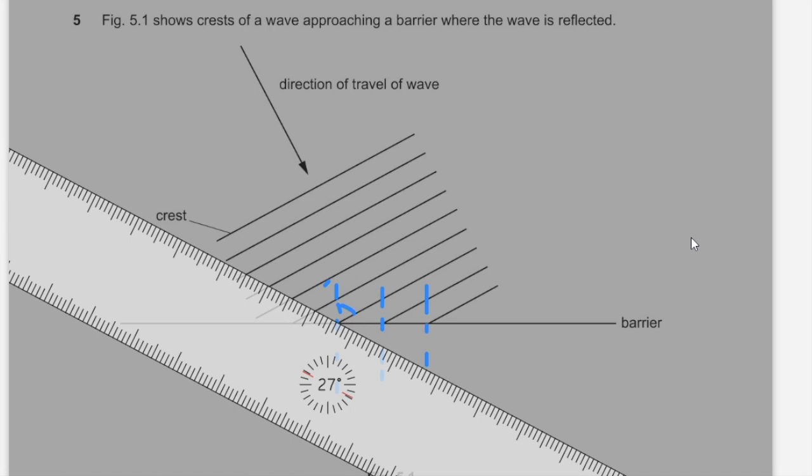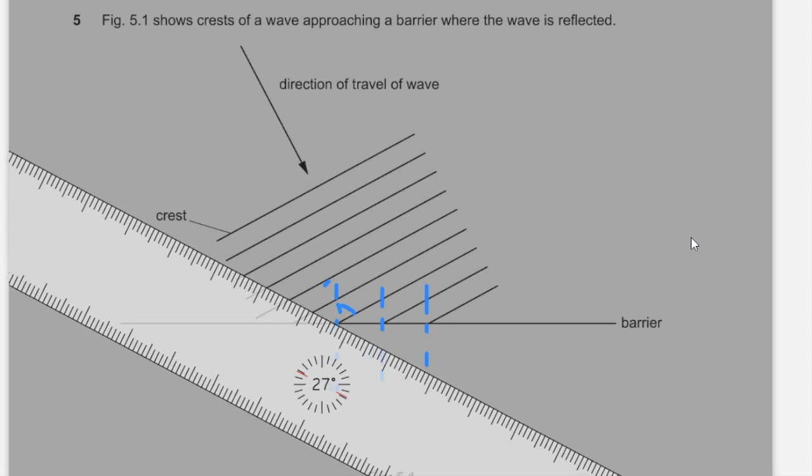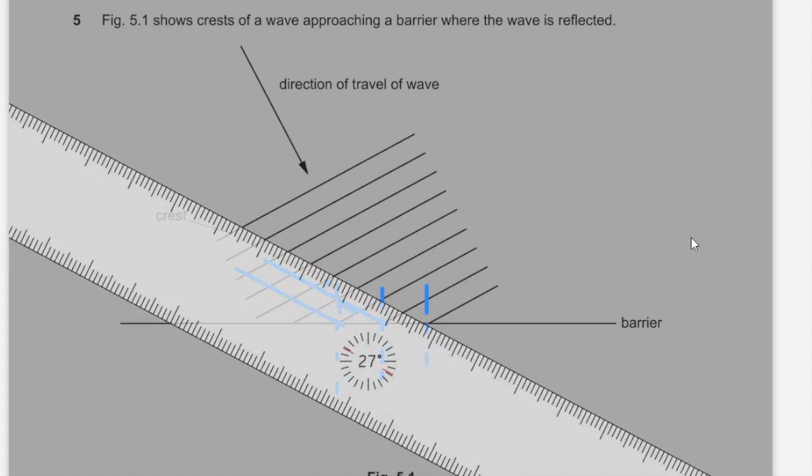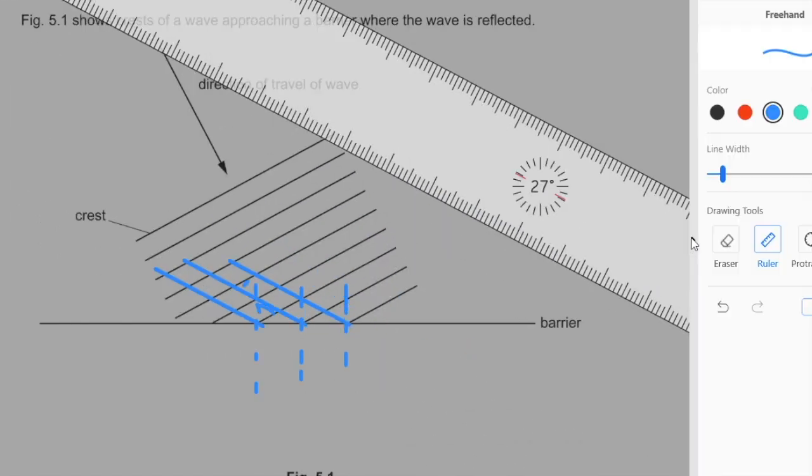Alright, so this should be my angle of reflection. Here are my reflected rays.